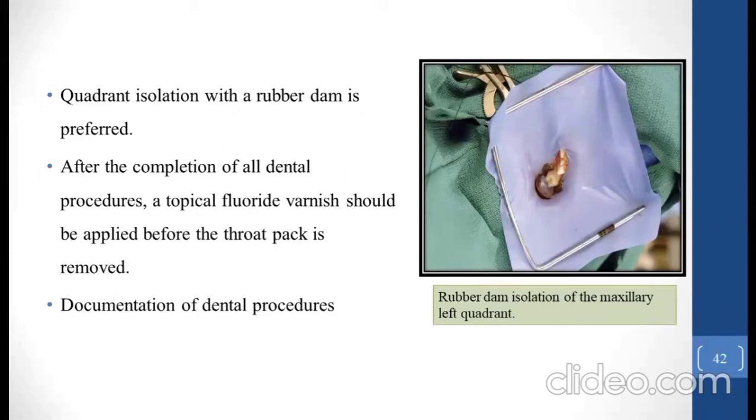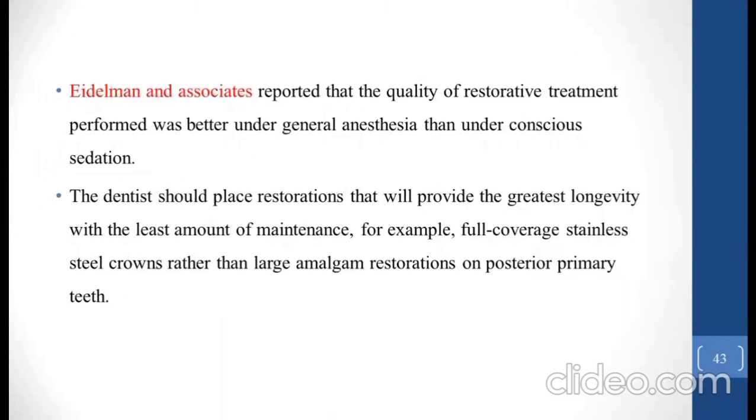After completion of all the dental procedures, a topical fluoride varnish should be applied before the throat pack is removed, and documentation of all the dental procedures, like extracted teeth, whether any sutures are taken, blood loss, and hydration, should be recorded in the medical chart.